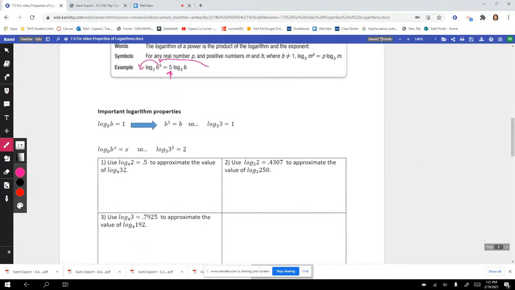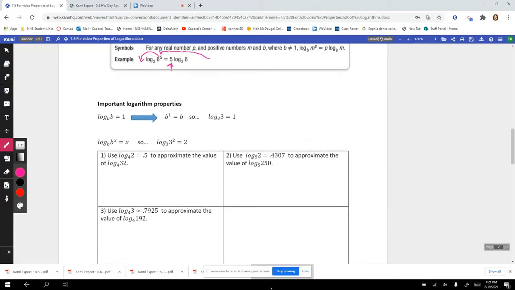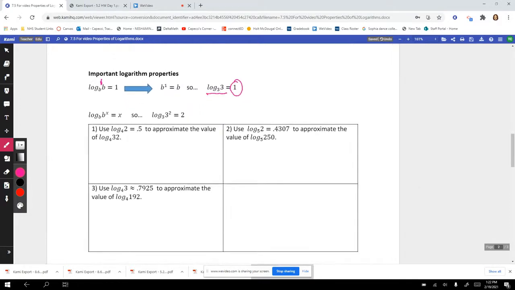Another property: if I have log base 3 of 3, so if the base and the argument are the same, then the answer is 1. Something else that happens is if the base and argument are the same and there's an exponent, that exponent becomes the answer.